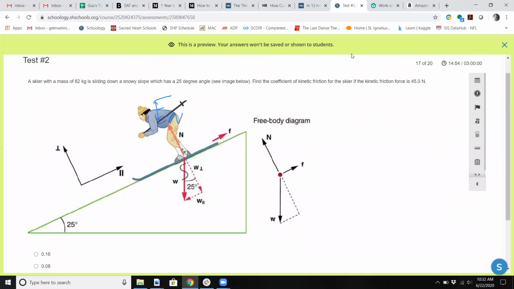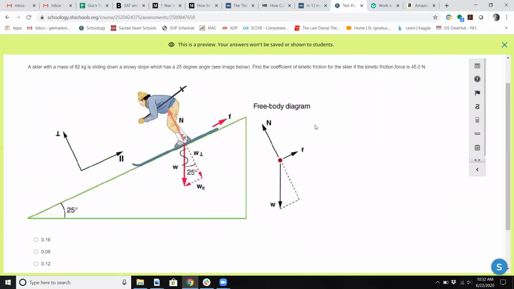This one actually went pretty well for most people. You're asked to find the coefficient of kinetic friction of the skier if the kinetic friction force is 45 newtons. So our net force is equal to W parallel minus the force due to kinetic friction.